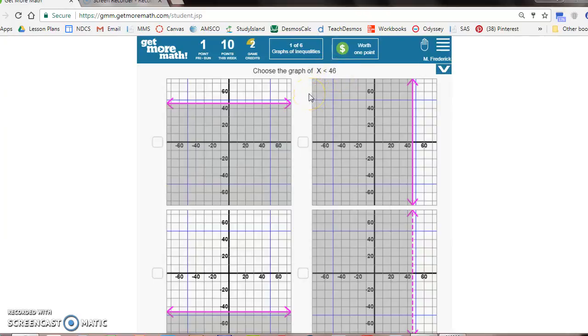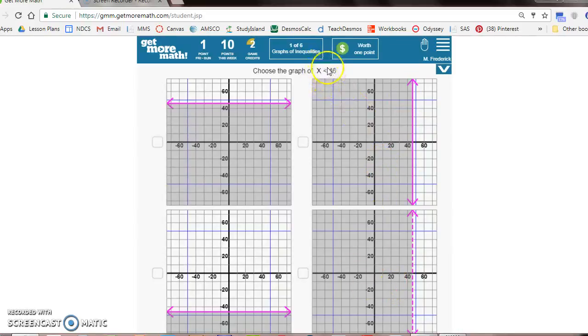This should immediately help you to rule out both answers on the left. We want all of the x values that are smaller than 46. So in looking at our two graphs on the right, we want shading to be to the left of that vertical pink line, which is the case for both of these.